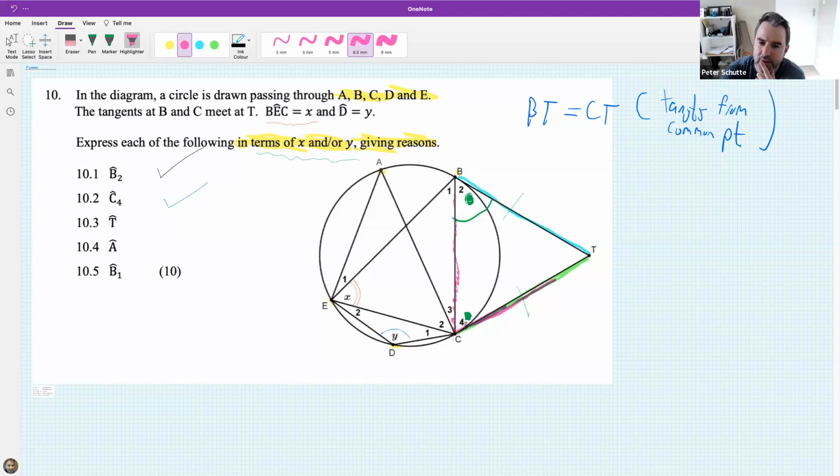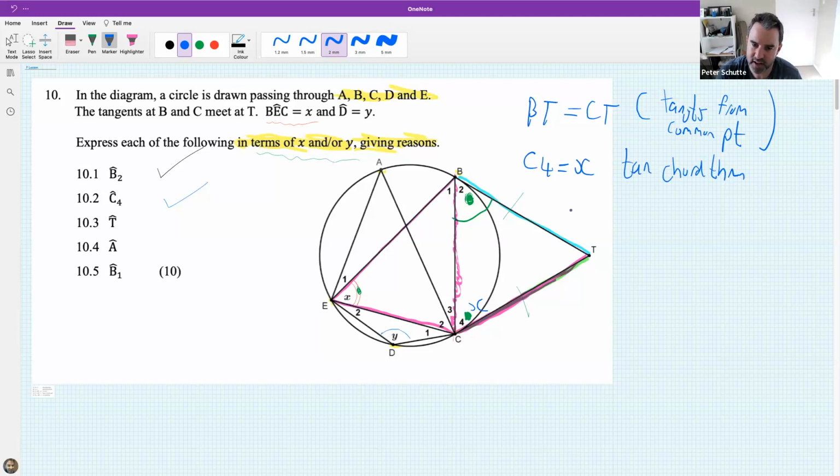Yeah, so if that's the tangent and that is the chord, that's the angle that I'm interested in. It feels like this one over here is going to be equal to that one over there. So what I think I'm going to write is that C4 is equal to X, which is by the tan chord theorem.